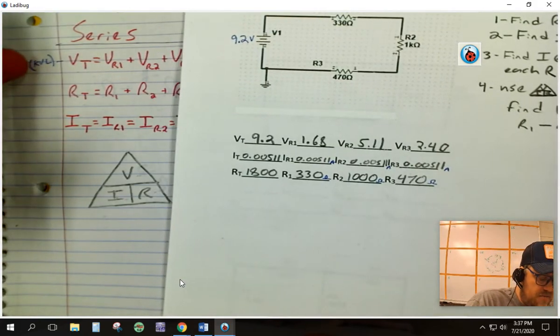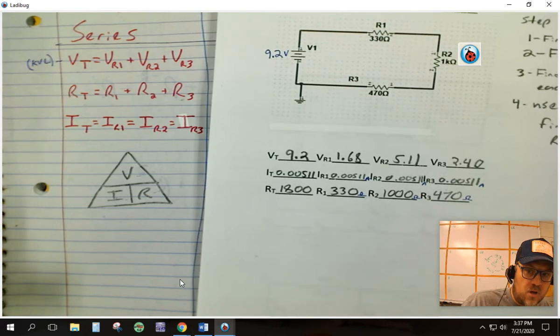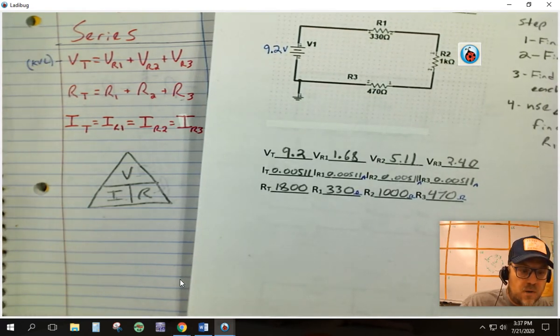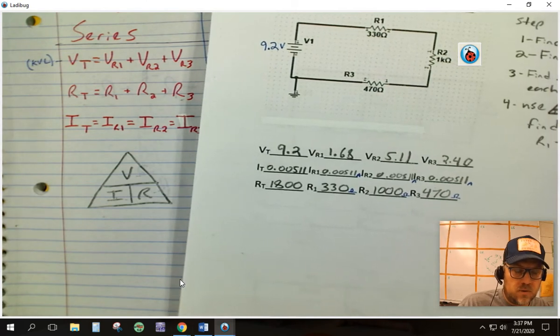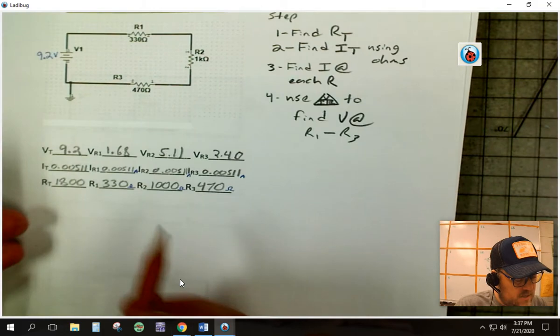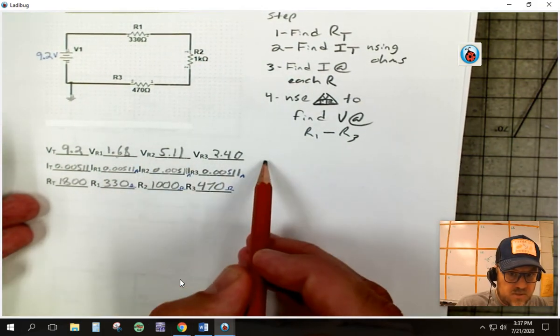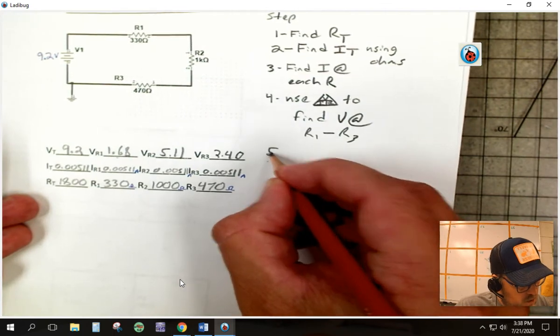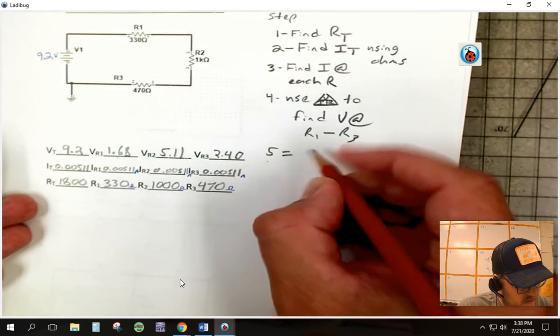Now, I've got all my blanks filled in, but I've got one last thing to do, and that is I want to verify using Kirchhoff's voltage law, which says that the sum of the voltage drops is equal to the total. The sum of the parts is equal to the whole. So I want to take these 3 voltages and add them together, and they should equal close to that.